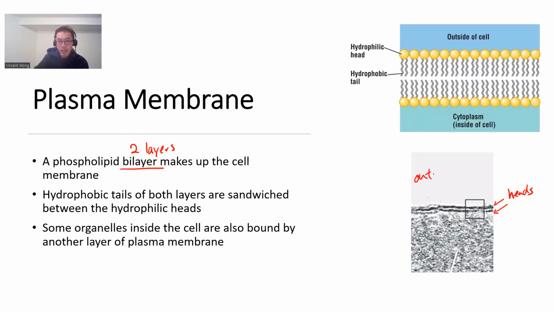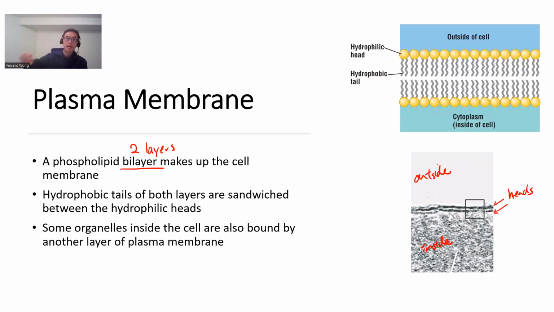This is the outside of a cell, and this is the inside. I will only give you cartoon pictures to identify on a quiz. You're not responsible for these real pictures. I'm just showing you real pictures so that you know these are real. It's not like makeup stuff, right?